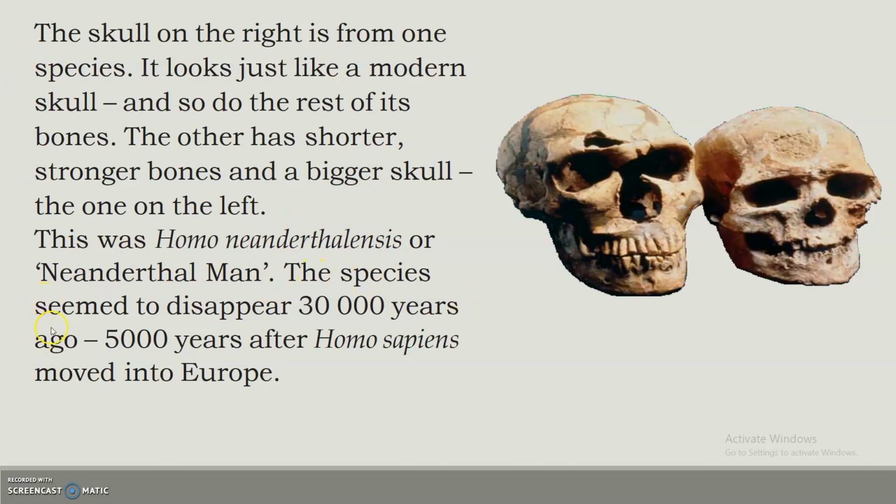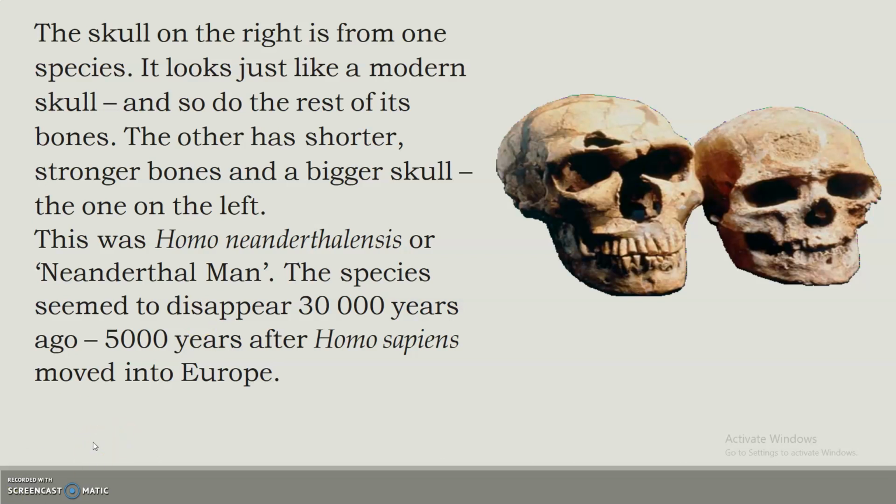The species seemed to disappear 30,000 years ago, 5,000 years after Homo sapiens moved into Europe. So when Homo sapiens, that means our ancestors, moved to Europe, they just disappeared. So 30,000 years ago, the Neanderthal man or Homo neanderthalensis disappeared from Earth.